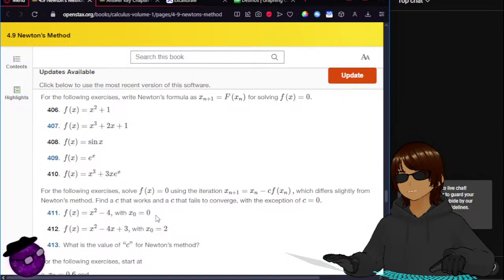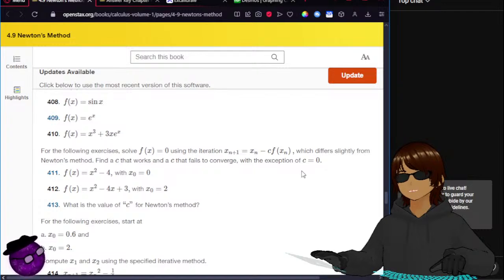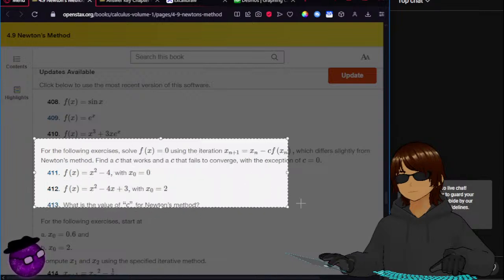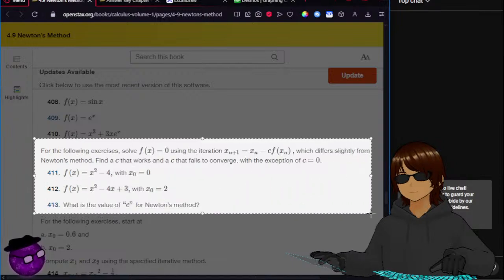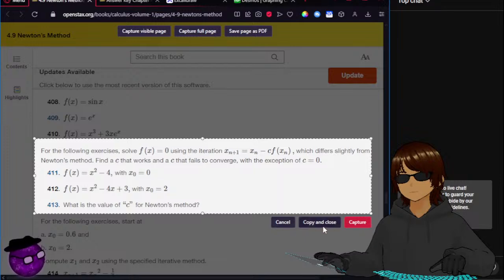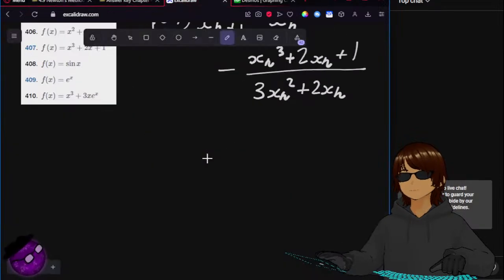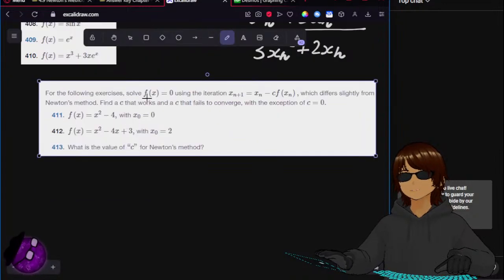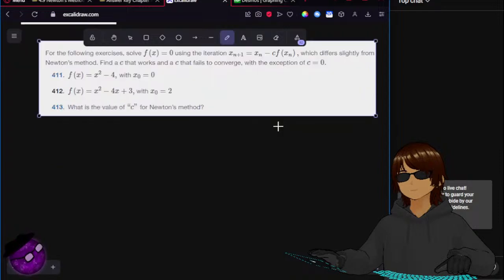Find a c that works and a c that fails to converge, with the exception of c equal to 0. Okay, what are they asking here? For the following exercises, solve f of x equal to 0 using the iteration. So what I'm supposed to do, so 411.